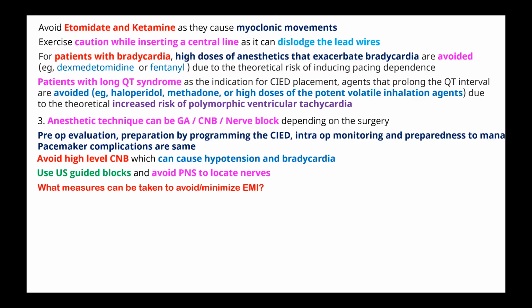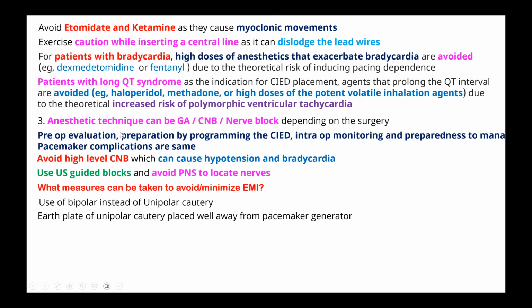Only unipolar is there. So how can you avoid this electromagnetic interference? The current supply between the earth plate and the current. Okay. So bipolar is recommended, but the earth plate for unipolar cautery is placed well away from the pacemaker generator.